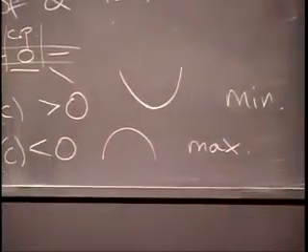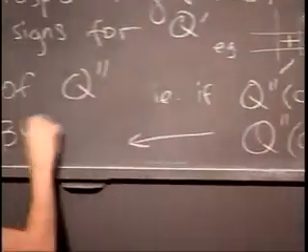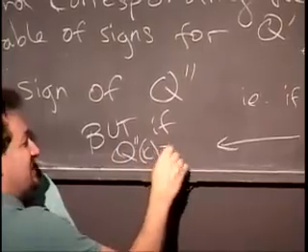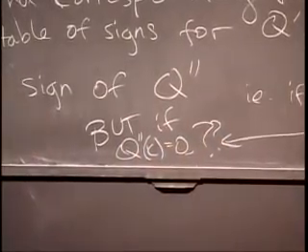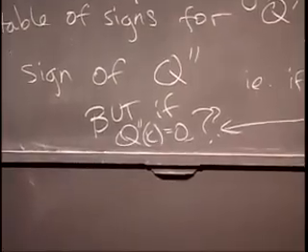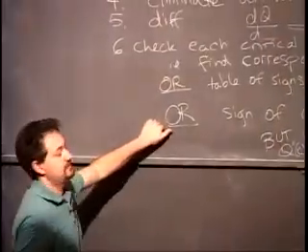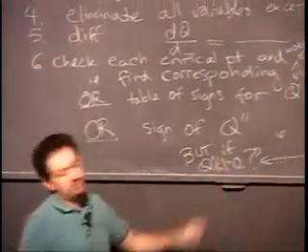But beware. If Q double prime of C equals 0, you can't tell anything. It could be a max, it could be a min, or it might be a point of inflection. So that is the useless case. So this strategy here, using the second derivative to analyze the critical point, it works most of the time, but it does not work all the time.